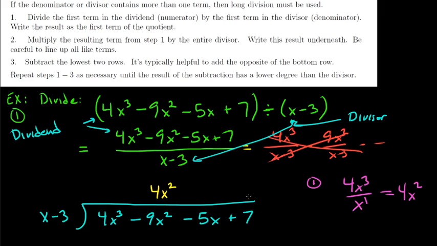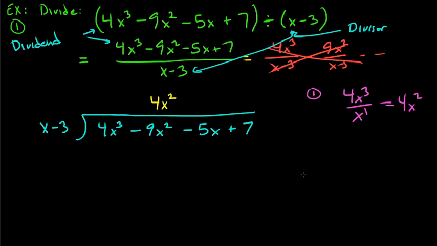Step two is to multiply the thing we just got, the 4x squared, times the divisor. I'm going to do that down here. We'll multiply 4x squared times x minus 3. And this is something we just learned how to do. You're just distributing 4x squared times x, and 4x squared times negative 3.